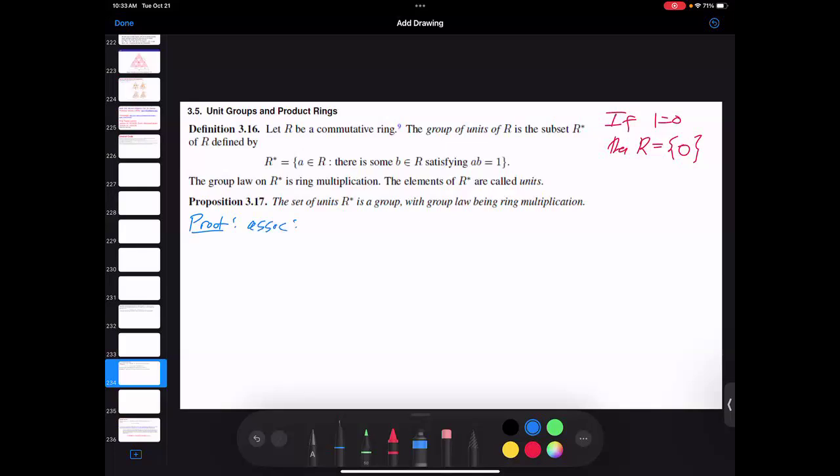Okay, so is associativity clear? If we take 3 elements, so if we have U1, U2, U3, does U1 U2 times U3 equal U1 times U2 U3?